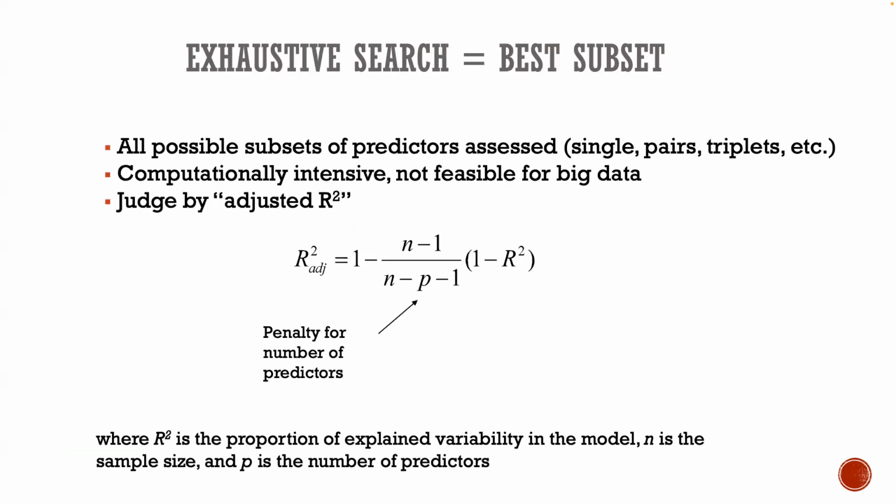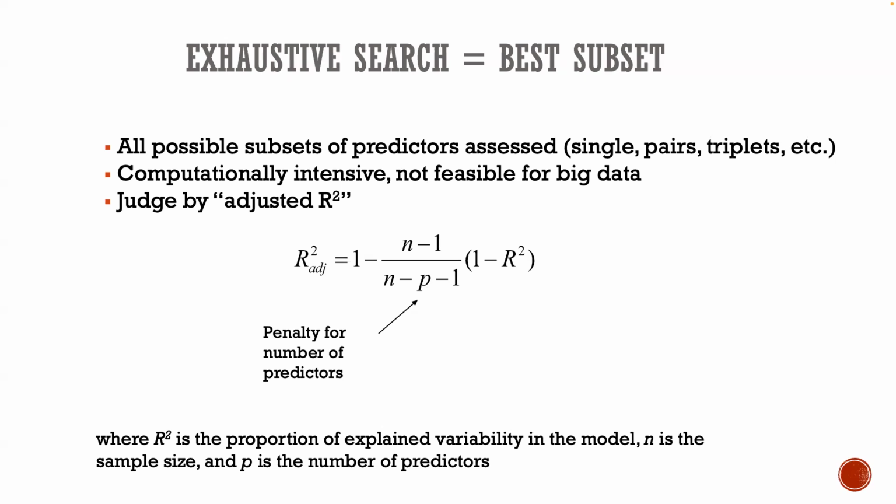Now, exhaustive search, as the name suggests, is basically looking at all possible subsets of predictors. So if we have, for example, three predictors, we will look at each of them individually and then each of their pairs. So 1, 2, 3, then 1 and 2 together, 1 and 3 together, 2 and 3 together, and then 1, 2, 3, all of them together.